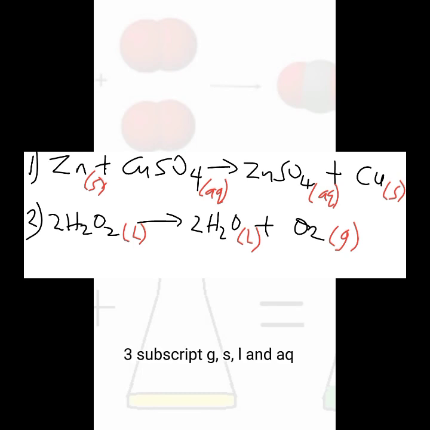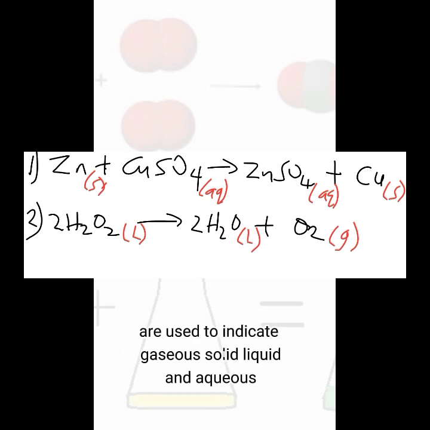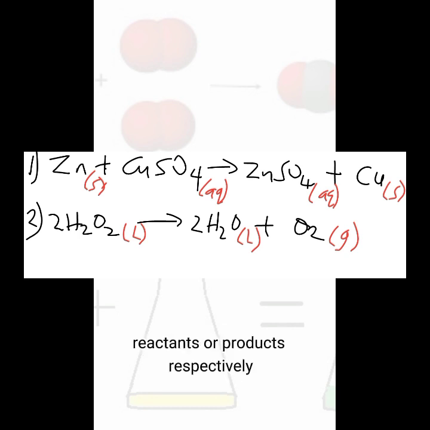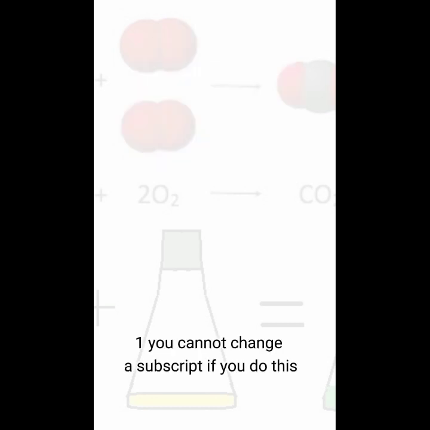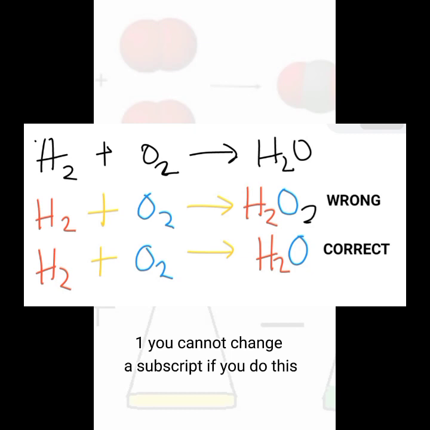3. Subscripts G, S, L, and AQ are used to indicate gaseous, solid, liquid, and aqueous reactant or product respectively. This point is optional. 1. You cannot change a subscript.